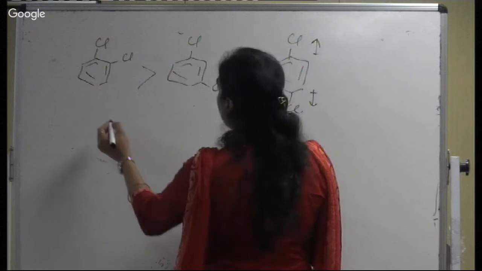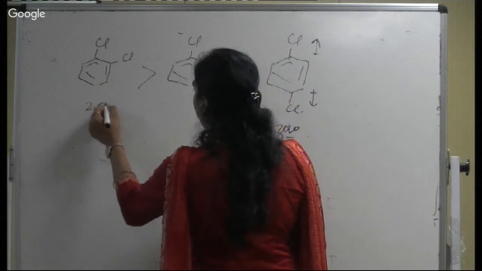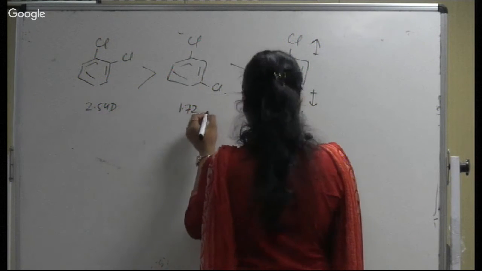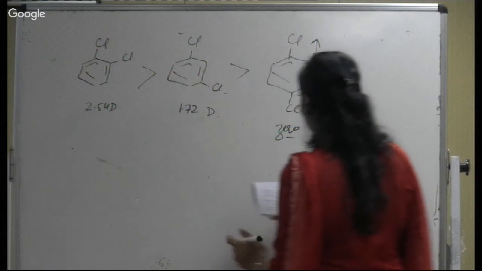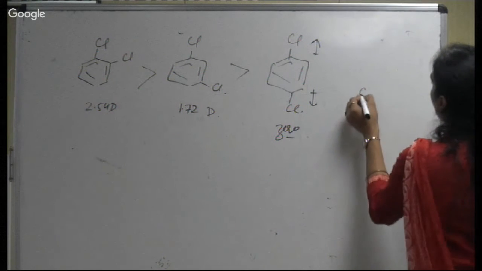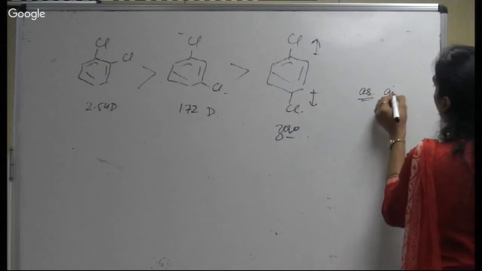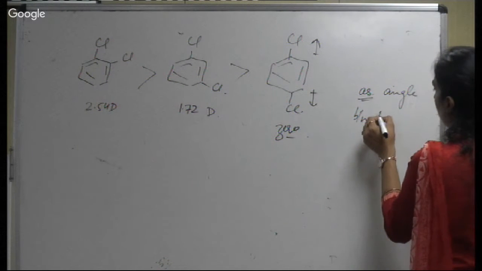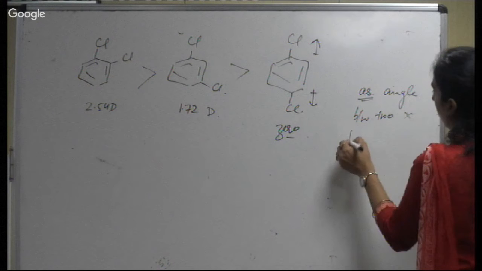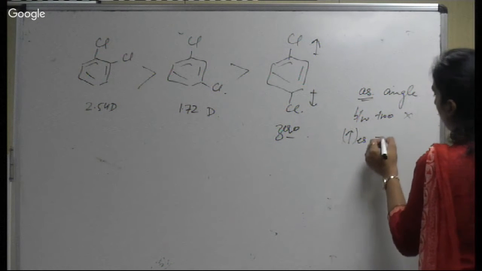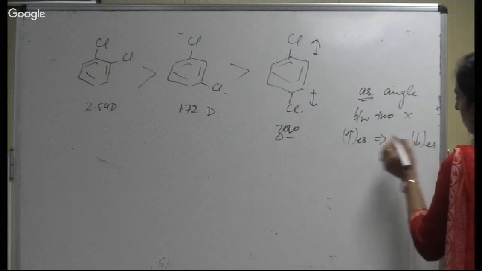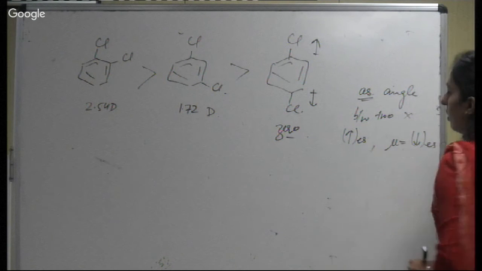For ortho, it is 2.54 D, and for meta, it is 1.72. As the angle between two halogens increases, dipole moment decreases. Okay?